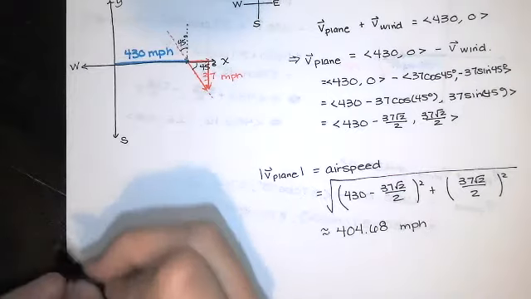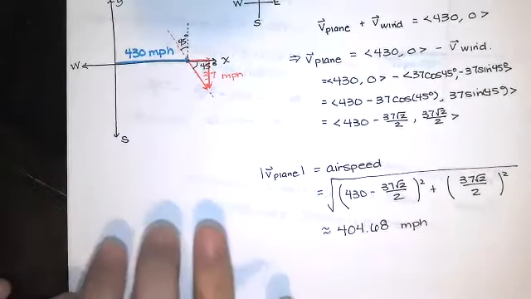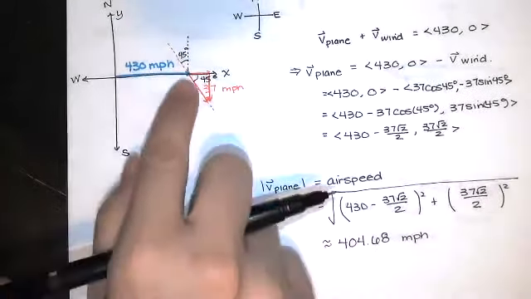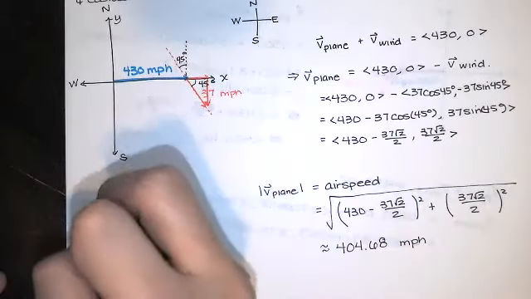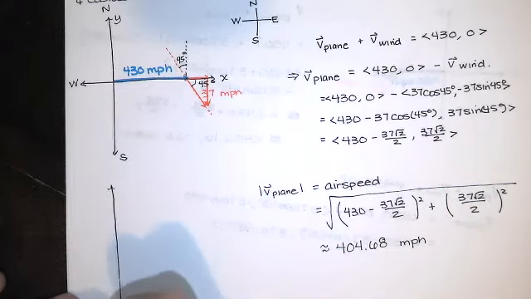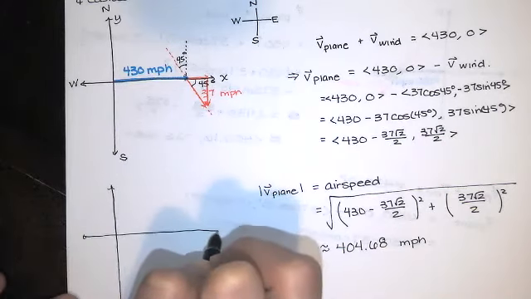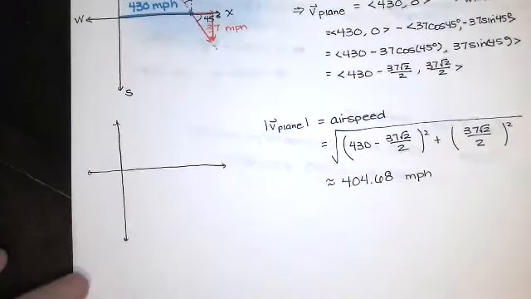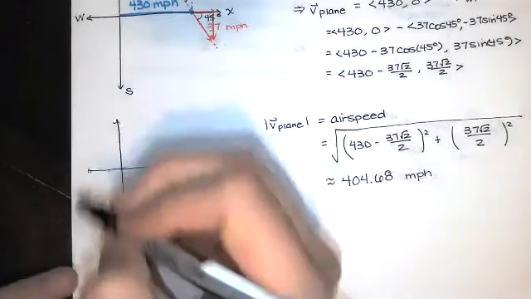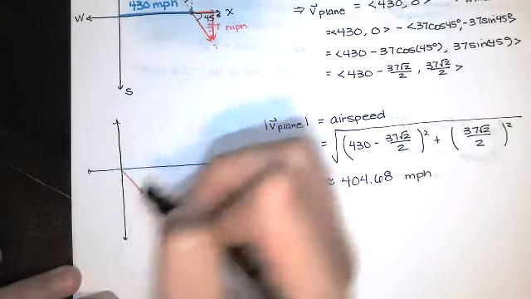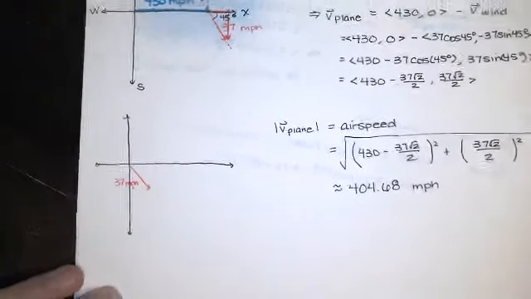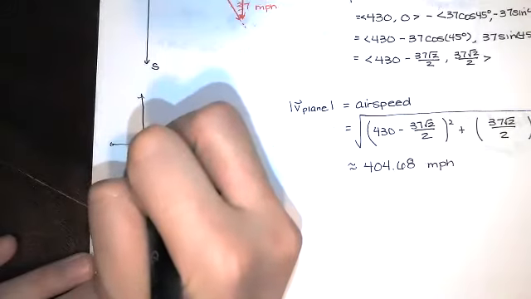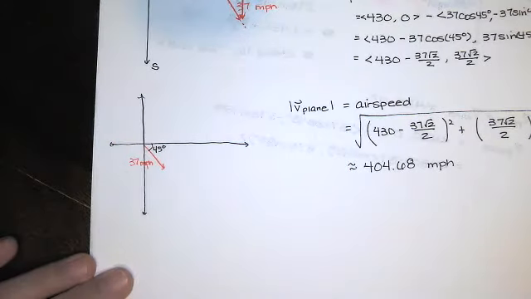Okay. Now, another way that you can think of this is that this velocity plus this velocity has to equal that one. So I want to draw a slightly different picture. What we're saying here is, let's say I've got an airspeed of 37 miles per hour, and that's making a 45-degree angle with the horizontal right there.